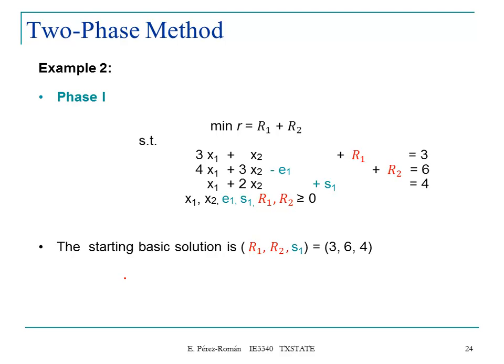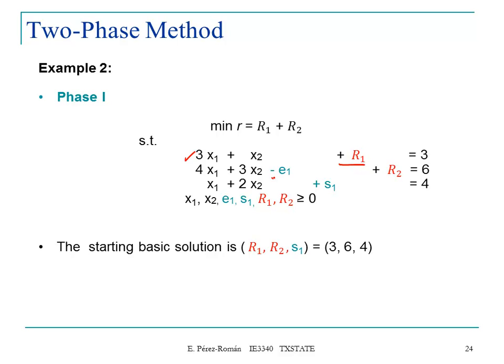So this is how phase one in standard form is going to look like for this example. Remember, for our first constraint, we had an equality. We cannot use a slack variable or an excess variable, so we add an artificial variable. The goal again is to get a basic feasible solution in the simplex tableau.